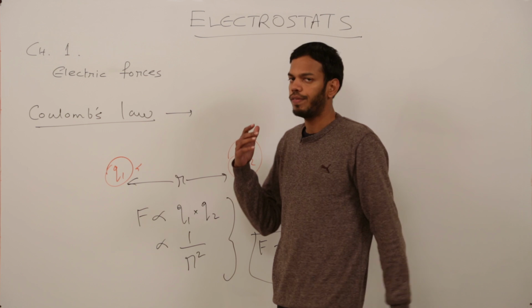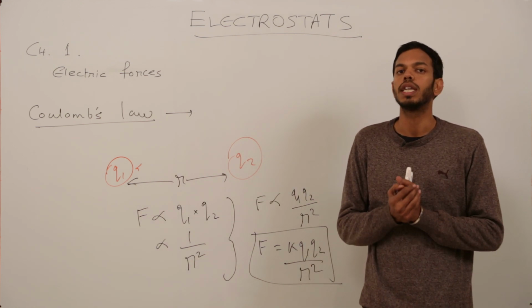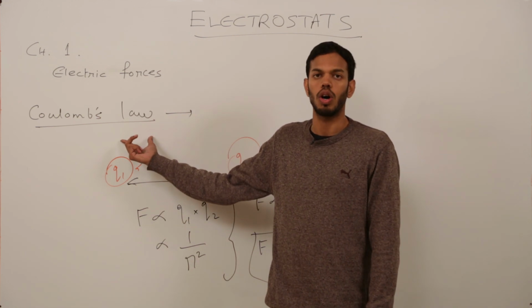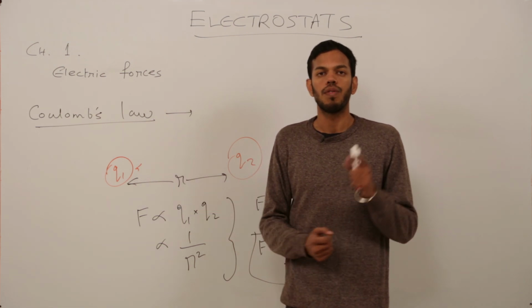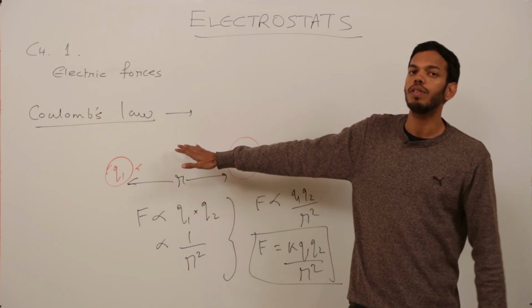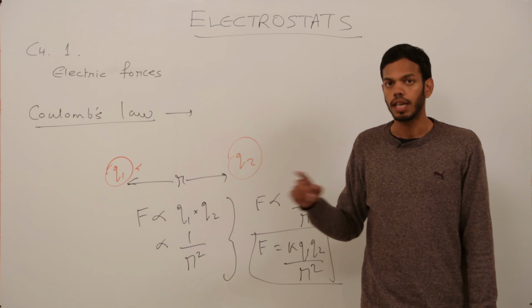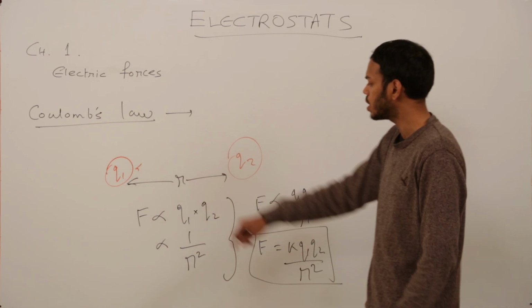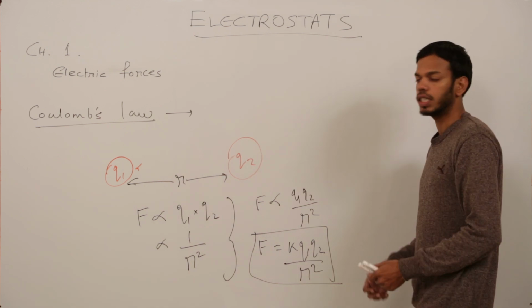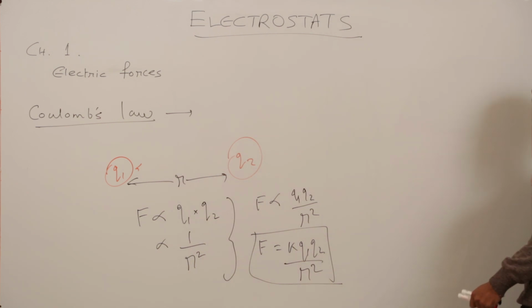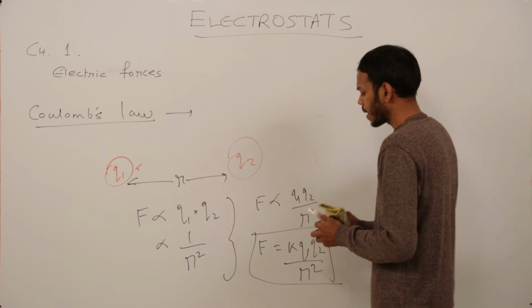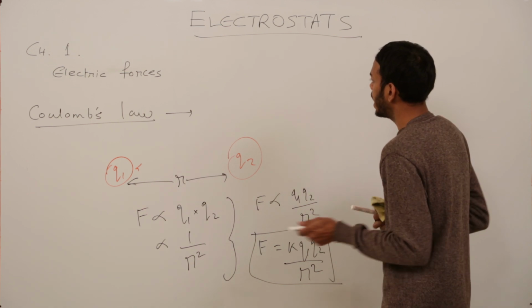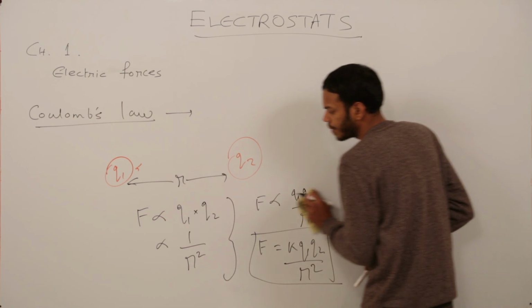Now, if you have not noted, I used the word interaction while stating Coulomb's law. Let me repeat: force of interaction. I'm not using the word repulsion or attraction. There's a reason behind it. Force of interaction between two charges is directly proportional to the product of these charges and inversely proportional to the square of the distance between them, which gave me this formula, F is equal to K Q1 Q2 upon r square.